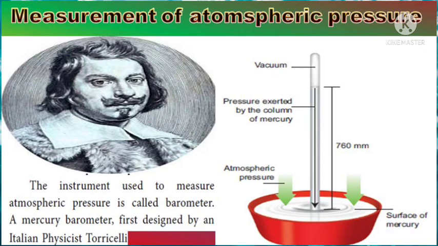If the air pressure increases, it pushes more of the mercury up into the tube, and if the air pressure decreases, more of the mercury drains from the tube, as there is no air trapped in the space between the mercury and the closed end.